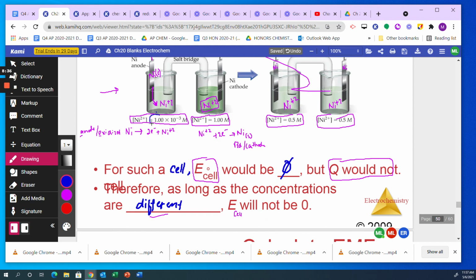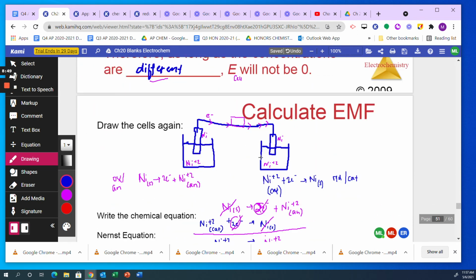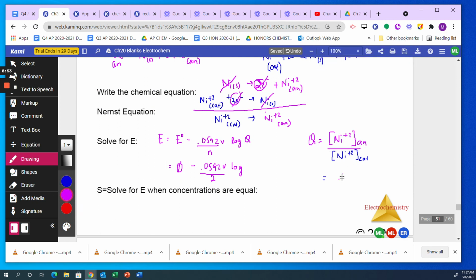The molarity is 0.001. If you don't mind, I'm going to write that as 0.001 molar. And this is 1 molar. So the anode is 0.001, and the cathode is 1.00. So Q is equal to 0.001. I'm going to plug that in here.